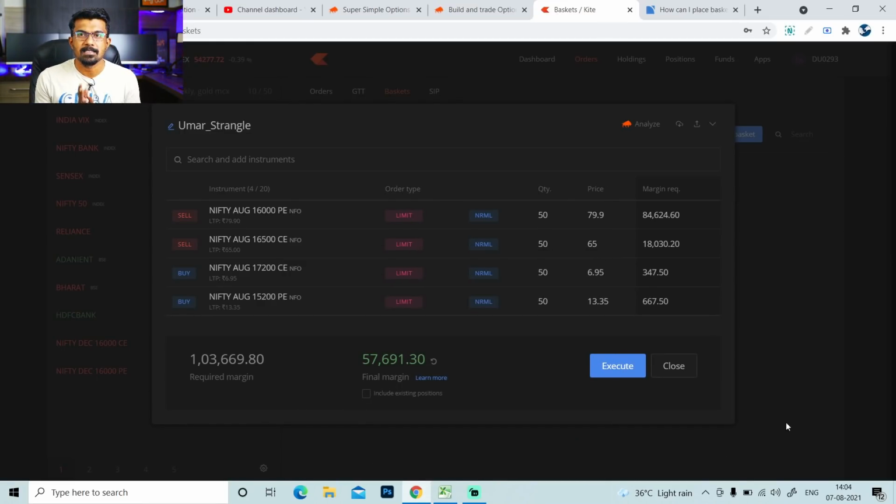So my margin has decreased from around 1 lakh to now 57,691, but the required margin is still the same. But what will happen here is you can buy extra lots. In the case of buying 2 lots, you can increase your lot size to maybe 4 lots.